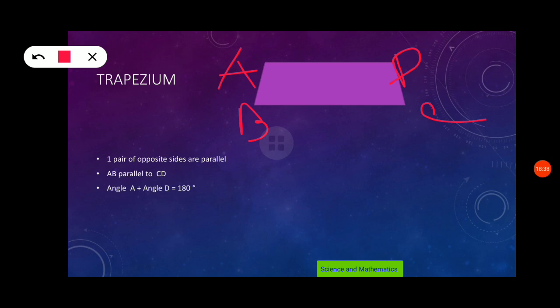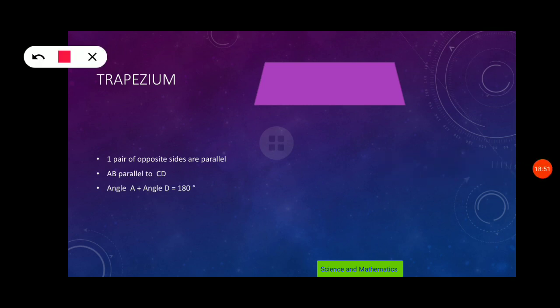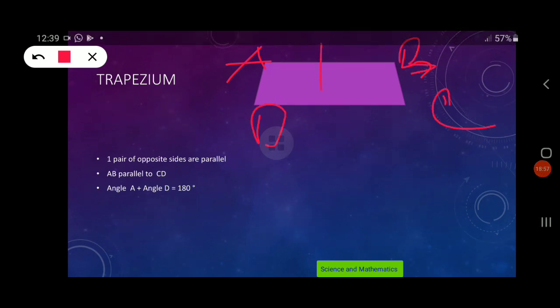The other two sides, which are non-parallel, are AD and BC.